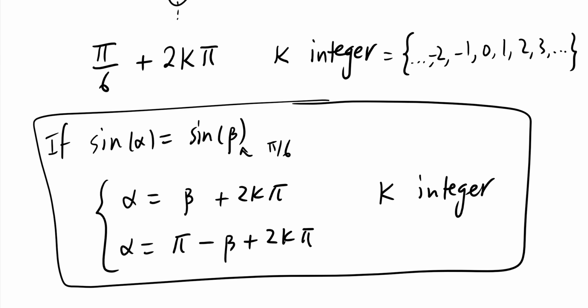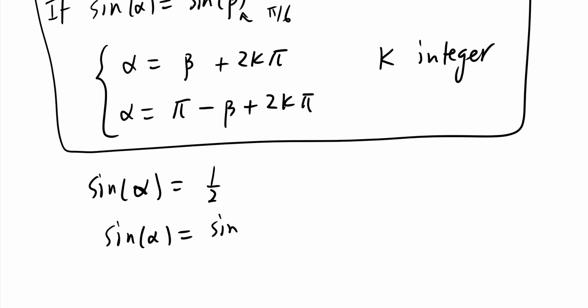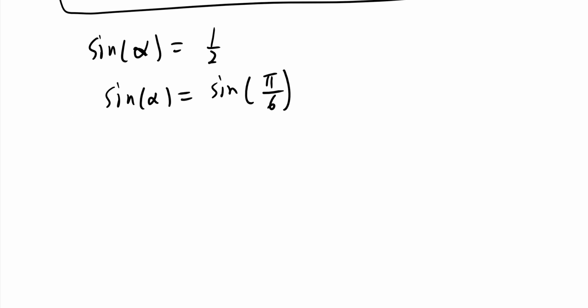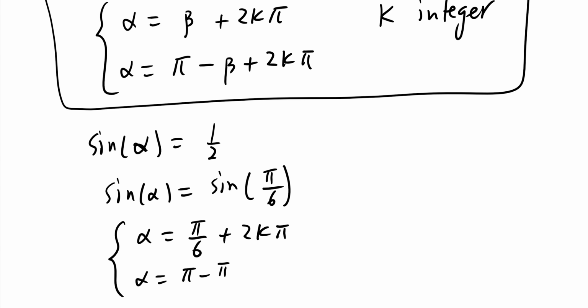So if I want to go back and finish that problem, sine alpha is 1/2. I can replace alpha. If I want to solve it in radians, it is pi over 6. In degrees, you put 30 degrees. Then following the above equations, alpha equals pi over 6 plus 2k pi, or alpha equals pi minus pi over 6 plus 2k pi.